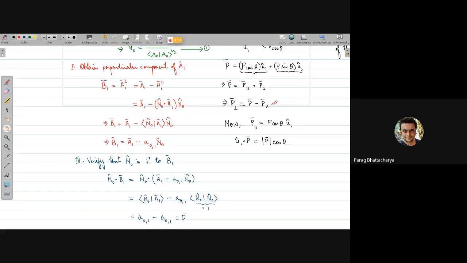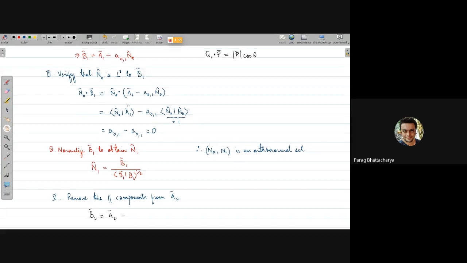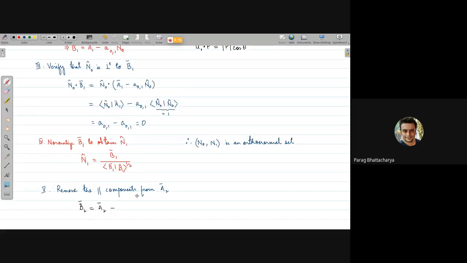So first, the parallel component with n1 cap: minus a2 with n1 cap. This is the parallel component with respect to n1, and then you have to subtract the parallel component with respect to n0. So a2 with n0 cap. I have just generalized this one.